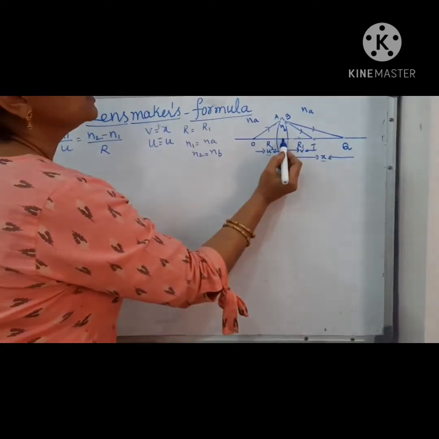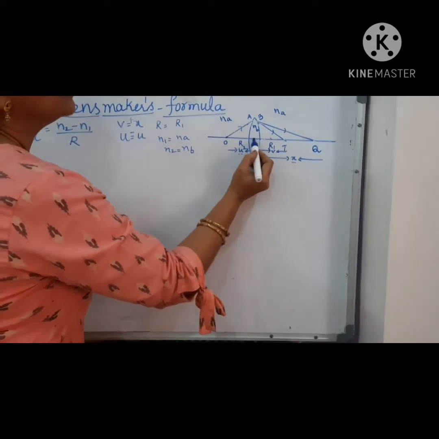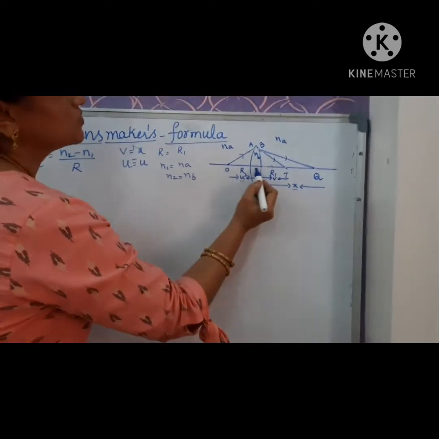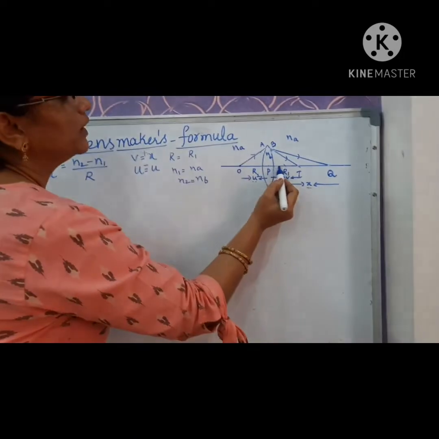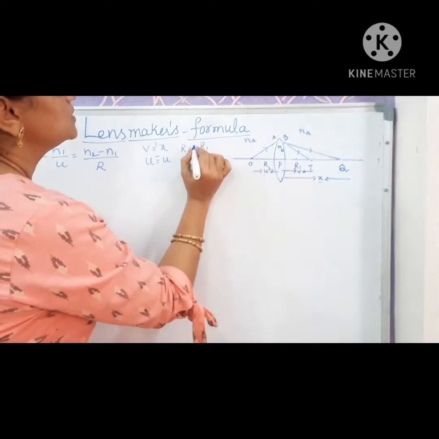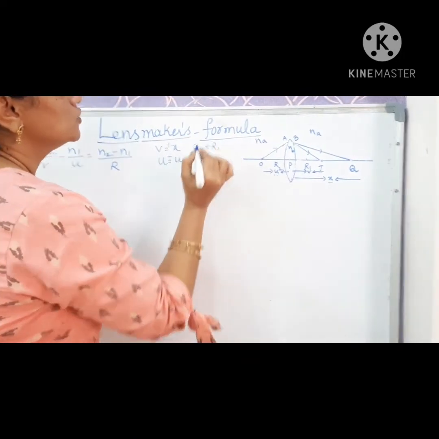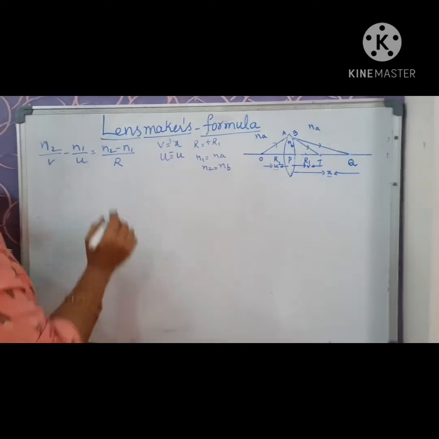And the radius of curvature R1 is along the direction of the incident ray, so it is also treated as plus. So we have to apply the sign convention rules in this.